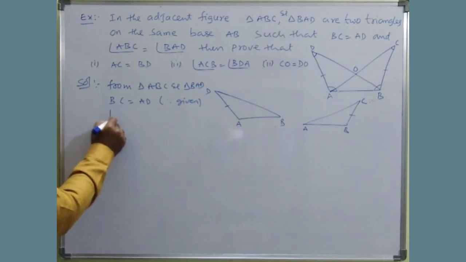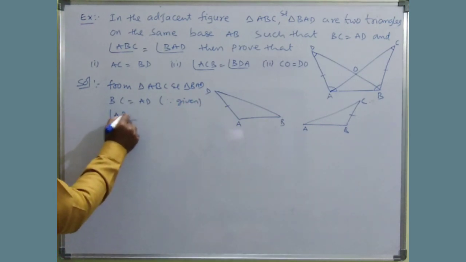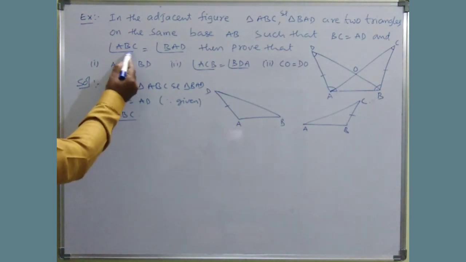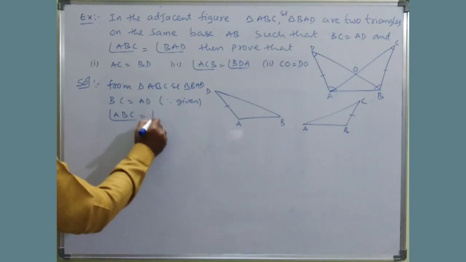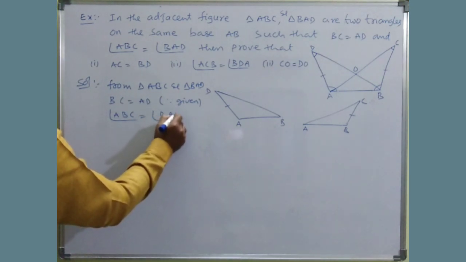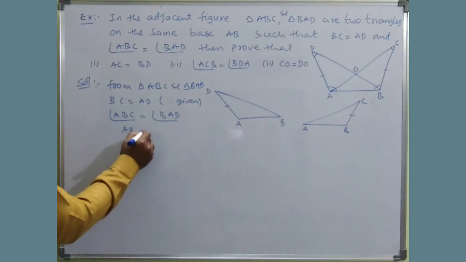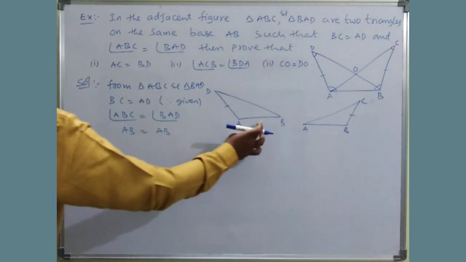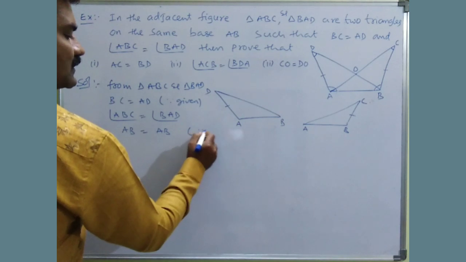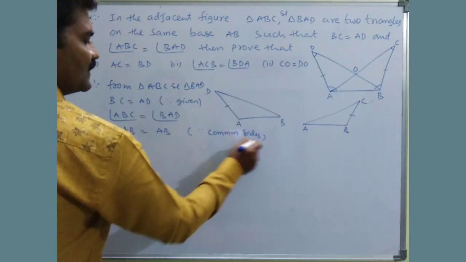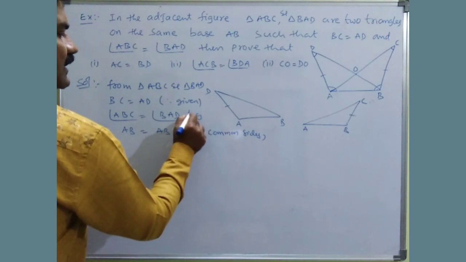Next, what about angle ABC? It is given, no? Angle ABC is given as equal to angle BAD. Fine. And here AB is equal to AB. AB is the common side. And this is also a condition that is given.